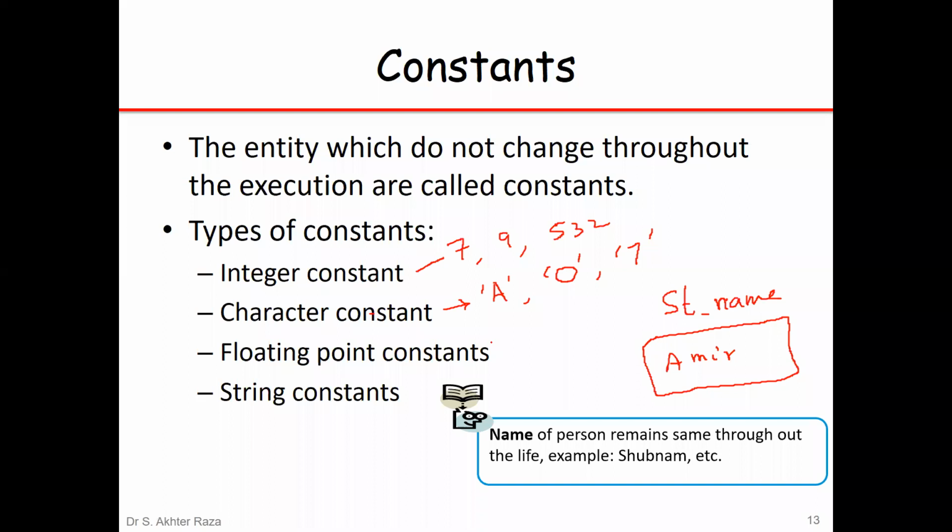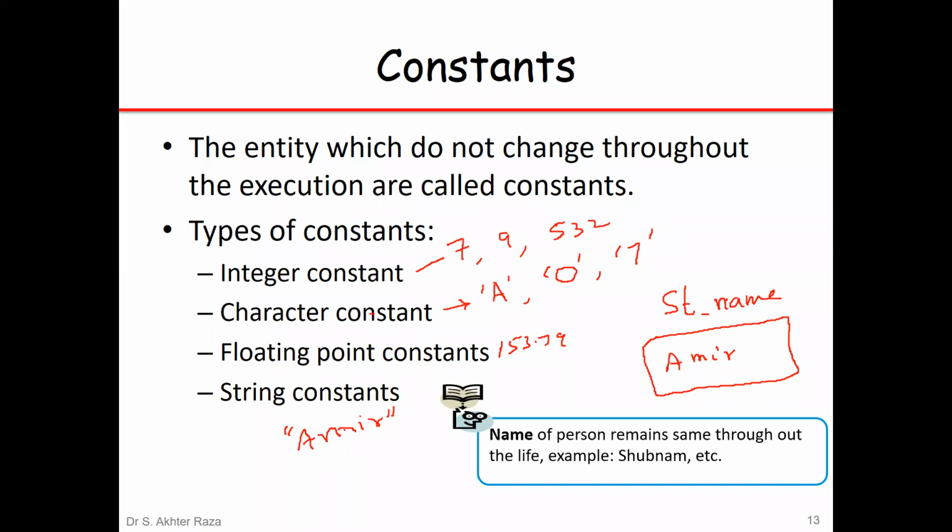Now, floating point constants, fractional constants, suppose 153.79. So this is a floating point constant. And string constants are what? The characters A, M, I used.